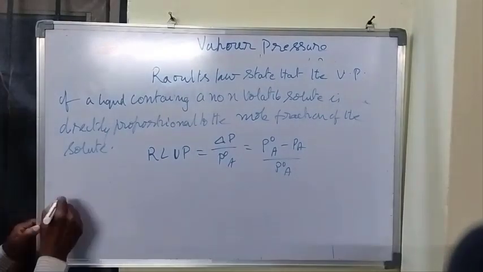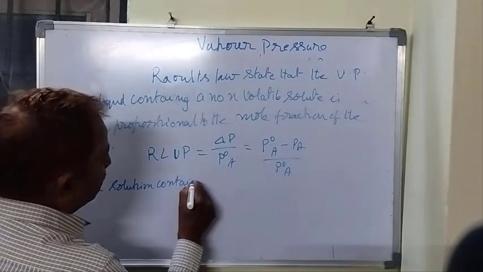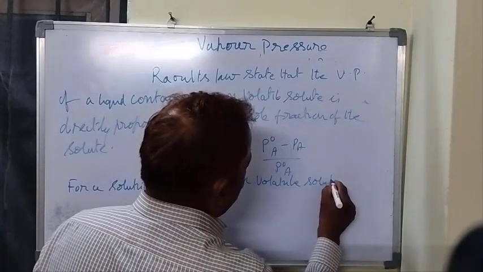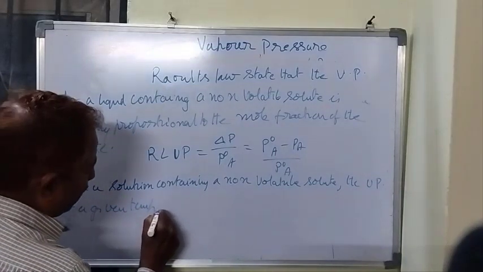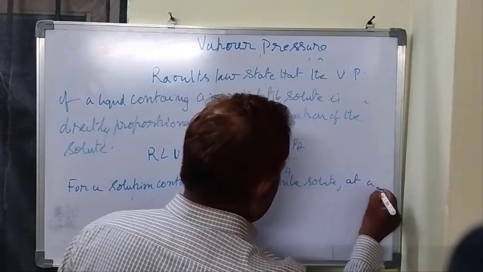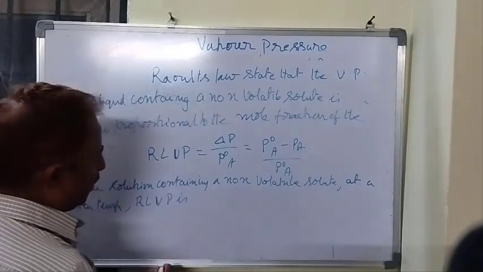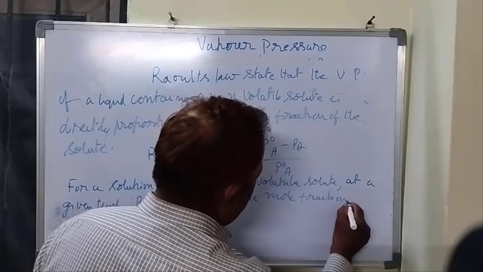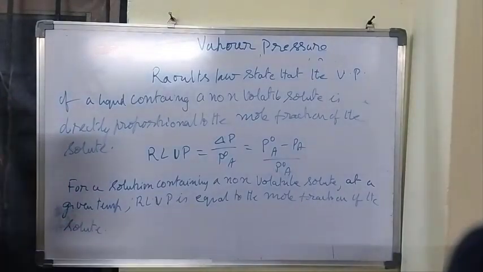Raoult's law for a solution containing a non-volatile solute at a given temperature: the relative lowering of vapor pressure is equal to the mole fraction of the solute, that is the non-volatile solute. Therefore, Raoult's law can be defined in this way also.